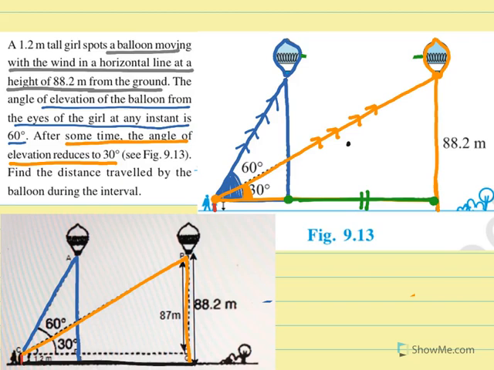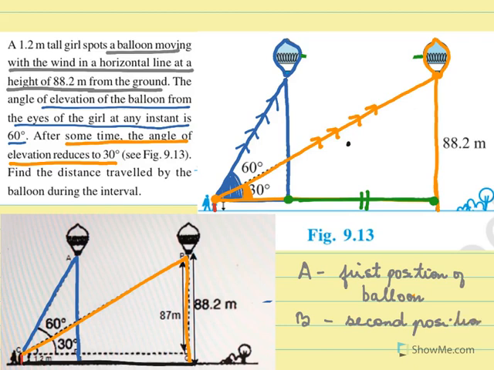So while writing it, we need to say A is the first position of the balloon, then B is the second position of the balloon. Then maybe you can also write about the angle of elevation: what is the angle of elevation at A? At B, what is the angle of elevation? And the height is equal to 88.2.